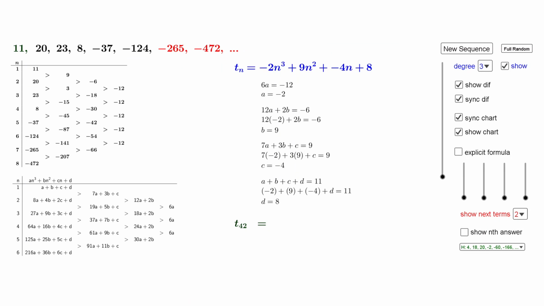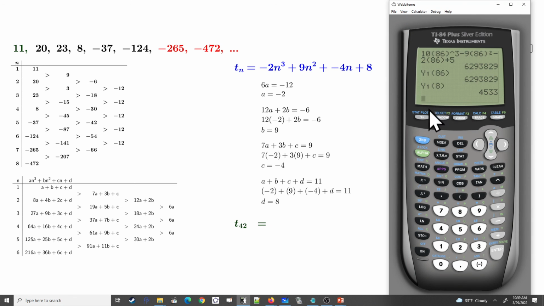Hopefully I have emphasized to you how valuable this calculator can be if you decide to plug that into your graph, as a function, as y1. Just remember to use x's. Negative 2x cubed plus 9x squared minus 4x plus 8.